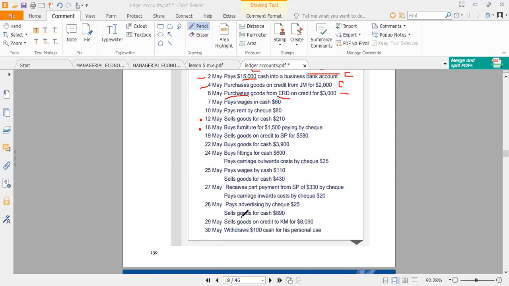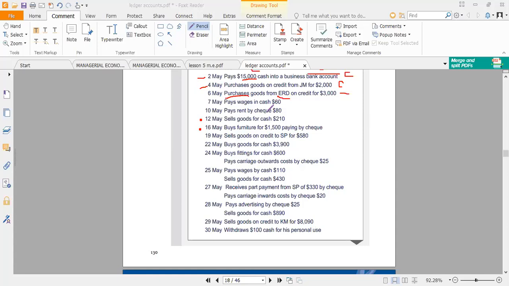We have what we call revenue expenditure and capital expenditure. Capital: when we buy an asset that is meant for use in a business, we can't call it an expense because it will overstate the profit. Whenever you buy a motor vehicle, furniture, land, those are fixed assets. So you open an account for that fixed asset, you call it furniture account.